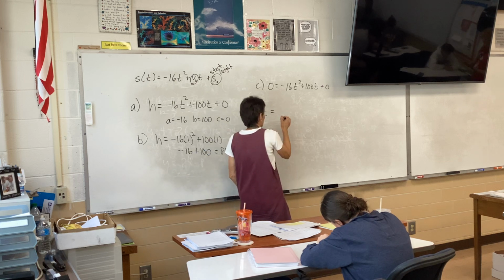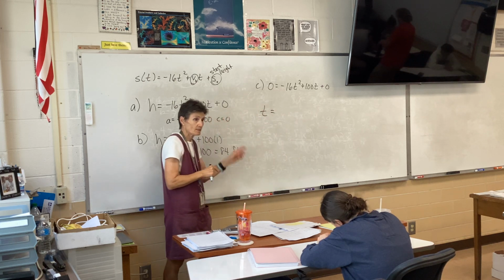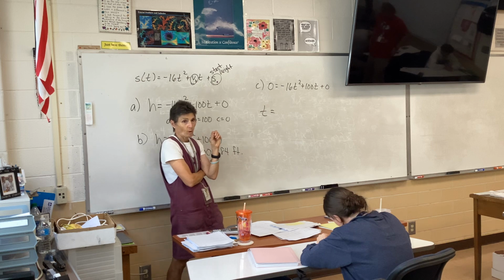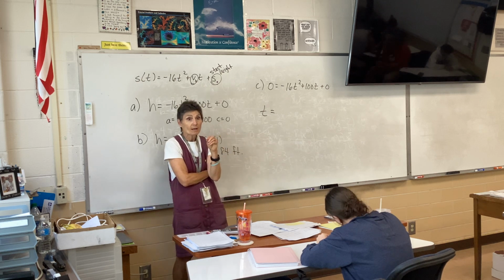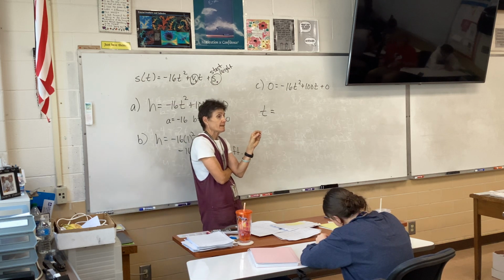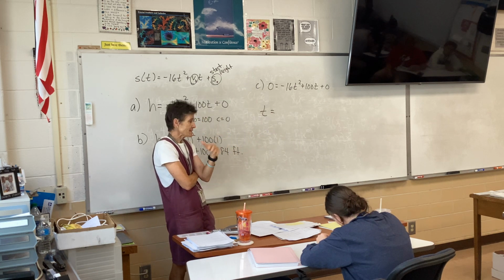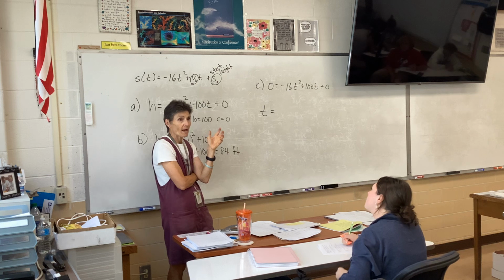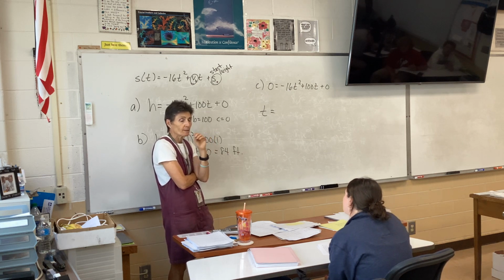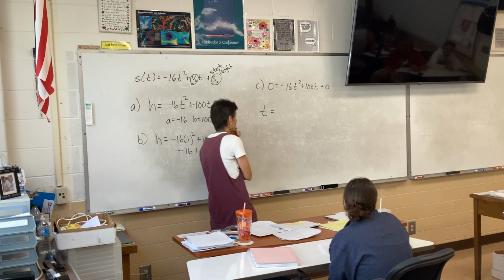Now, remember, this and only this is the problem where I want you to actually work it out. I want to see like 5.8 seconds or something like that. The rest of the time you can leave the radicals and all that, but we want an actual number here. So I'm going to have to work this out.